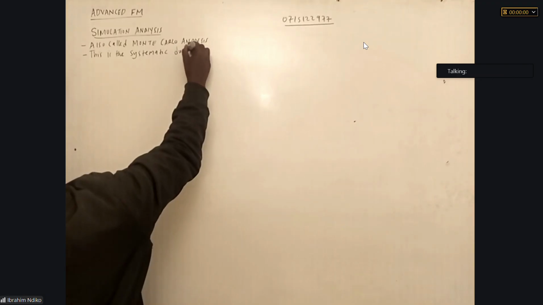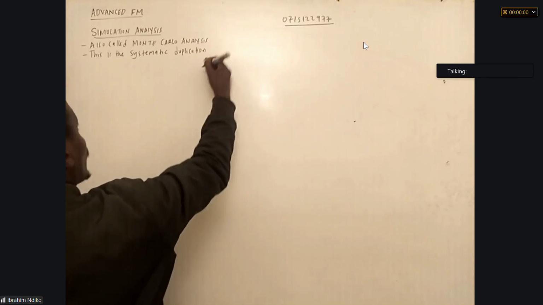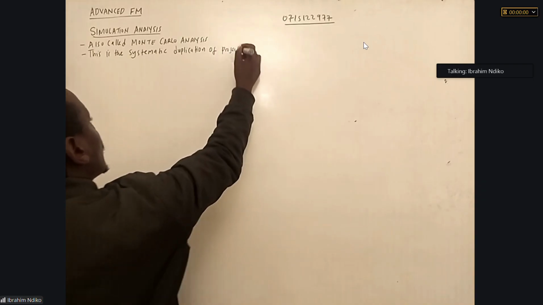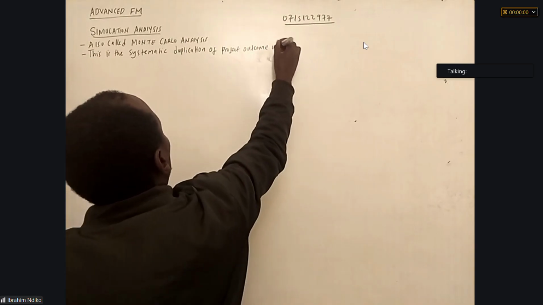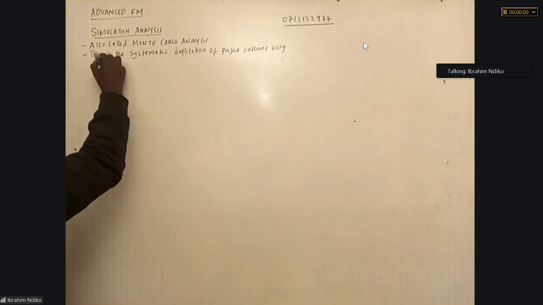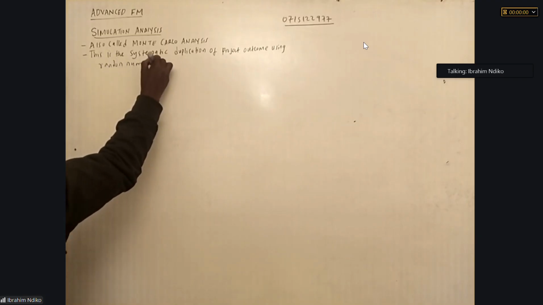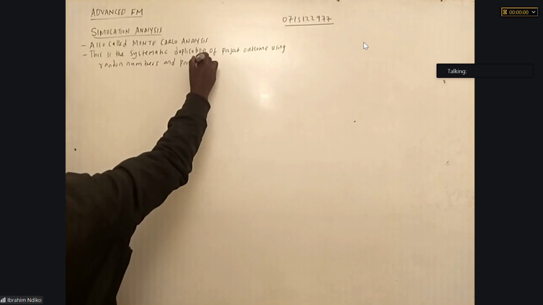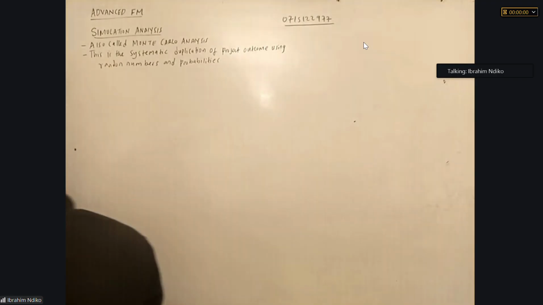The duplication of project outcome using random numbers and probabilities.